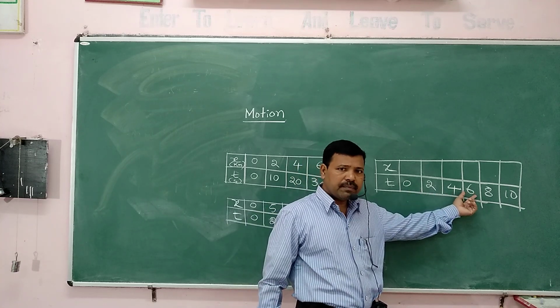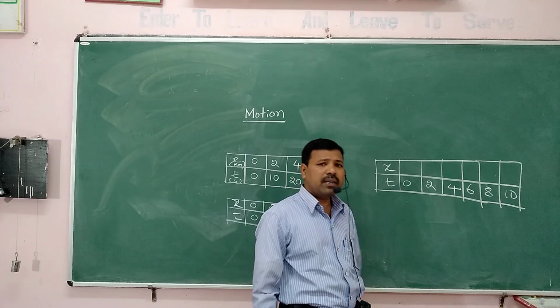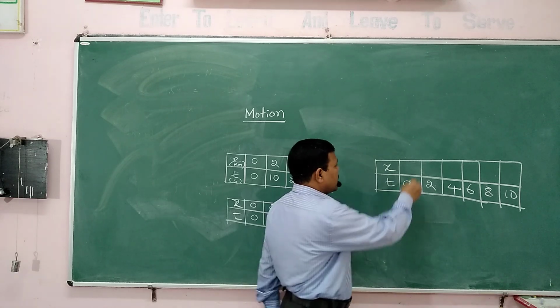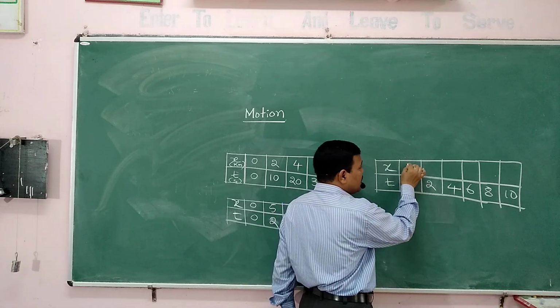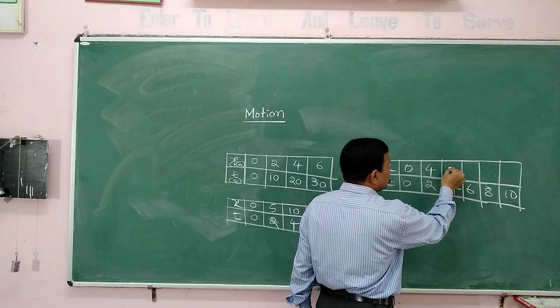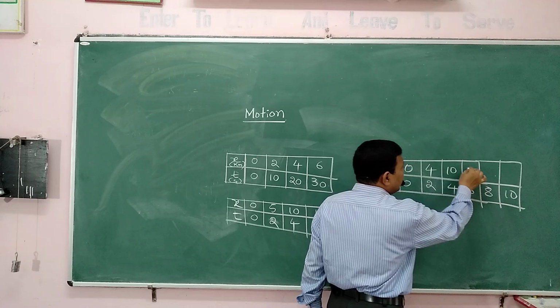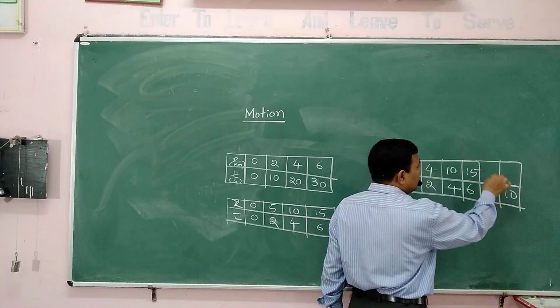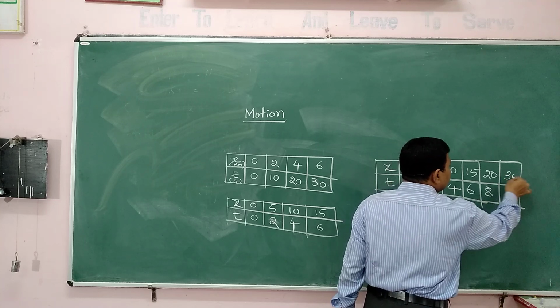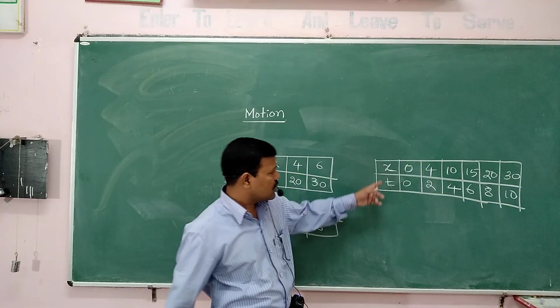Equal time, but the distance covered by the body is not equal. Say here it is 0, then 4, 10, 15, 20, and 30 meters.